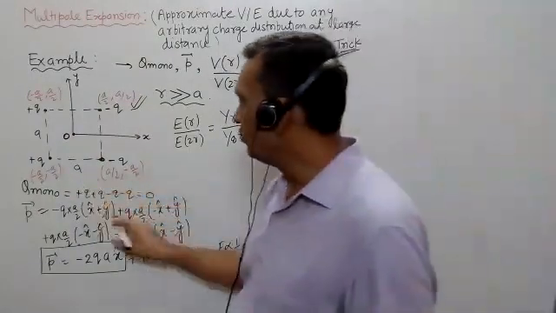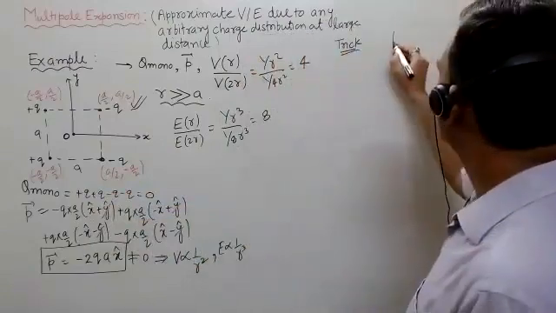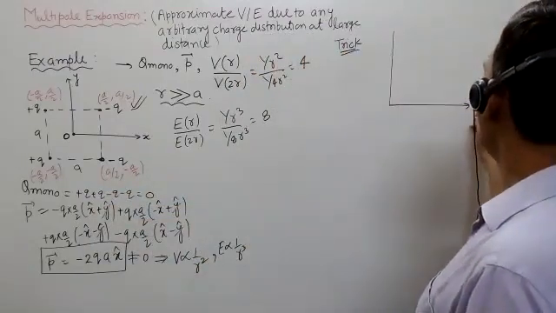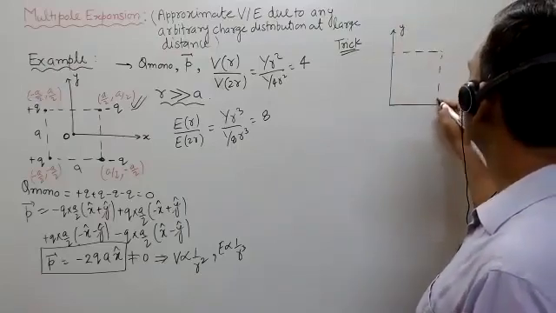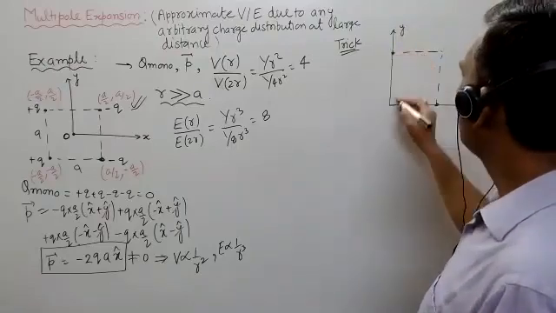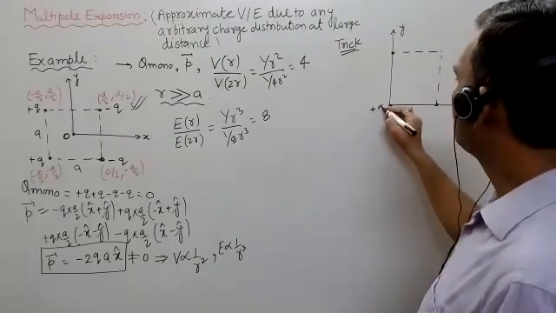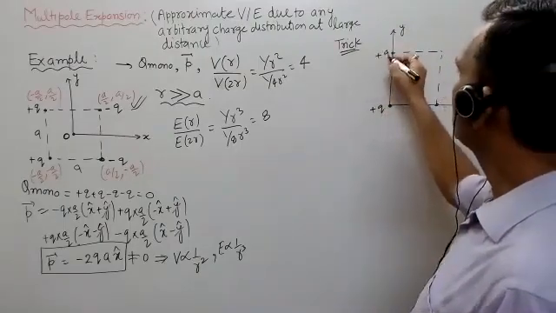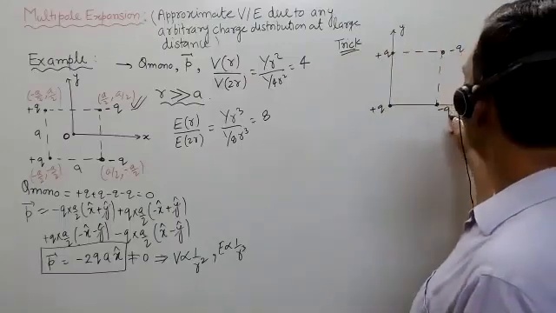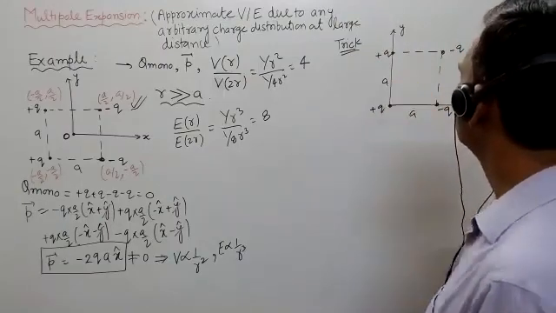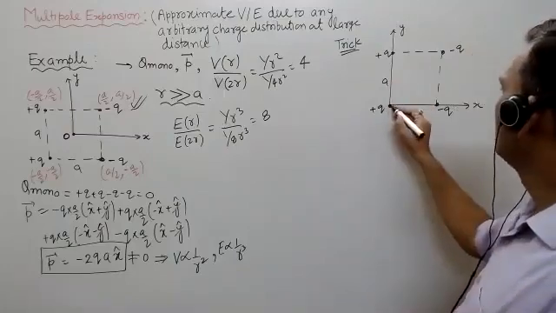Shift the origin because Q mono is 0. So this is the X and Y plane. Same charge. So now this is plus Q, this is plus Q, this is minus Q, and this is minus Q. Side is A. This is the origin.